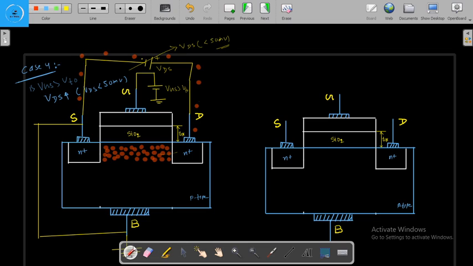So the electrons will move toward the drain.